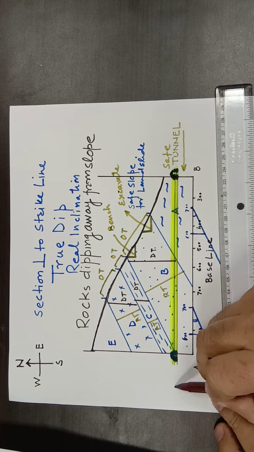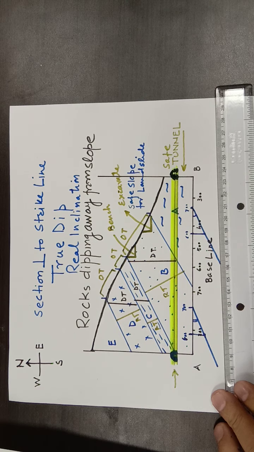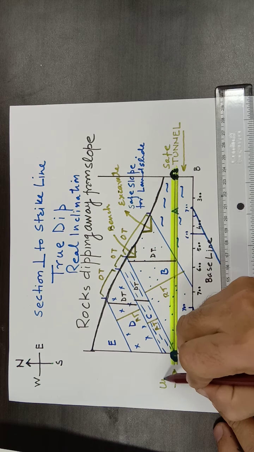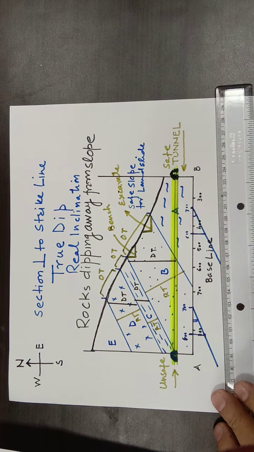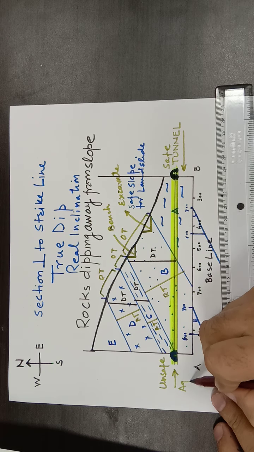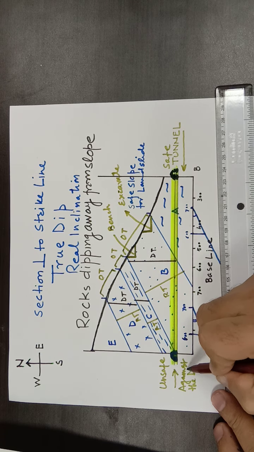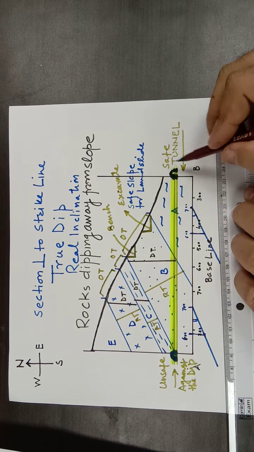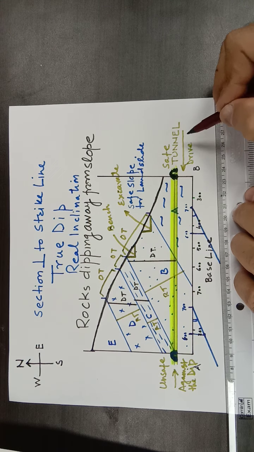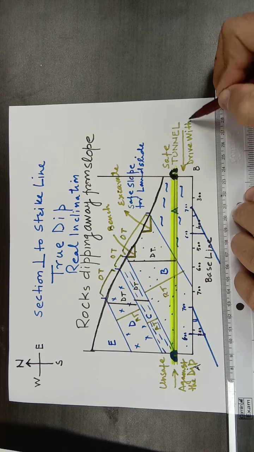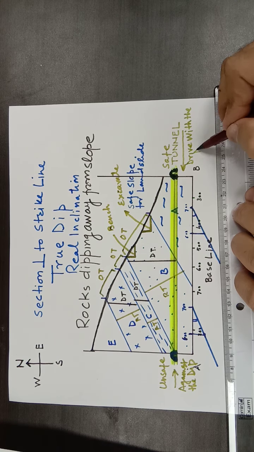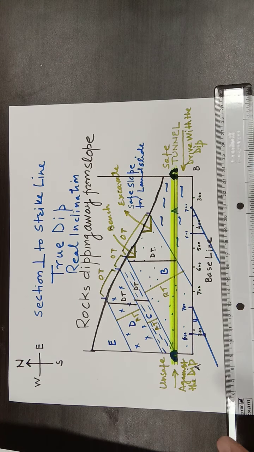If you are excavating from this direction, this is an unsafe condition because you are driving with the dip of the rock. Against the dip, drive against the dip. Here drive with the dip. This is with the dip. So this is the safer position.